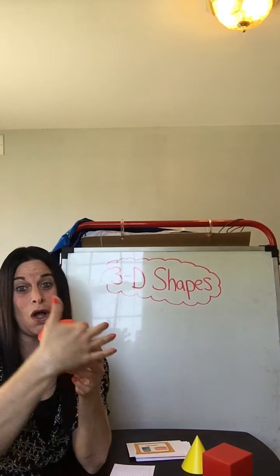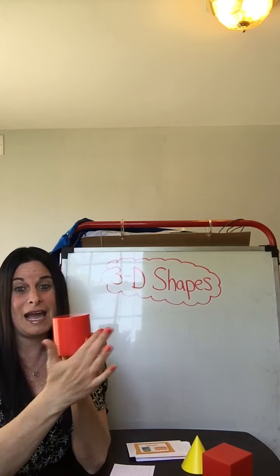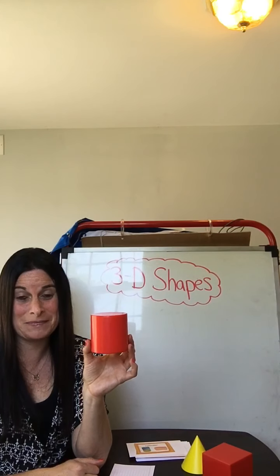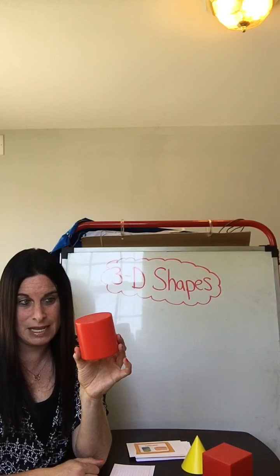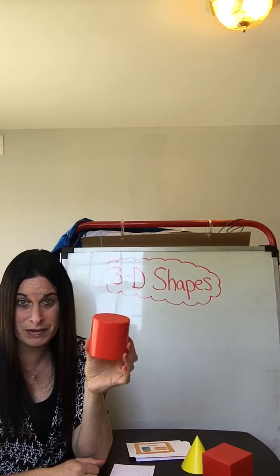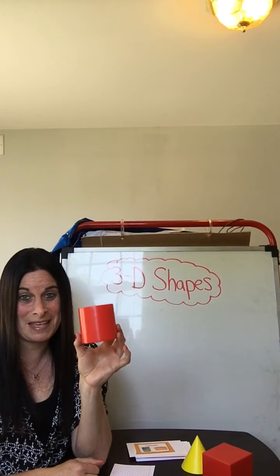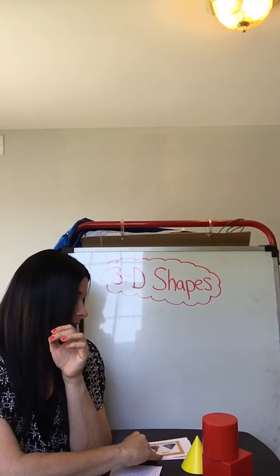It goes all the way around. So 2 flat sides and 1 round part, all the way around. This shape has no vertices. There's no point where any sides meet. This is my cylinder.